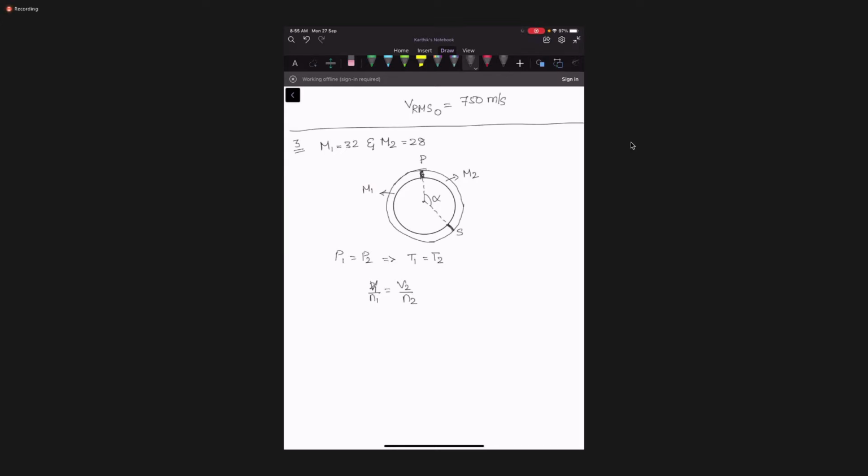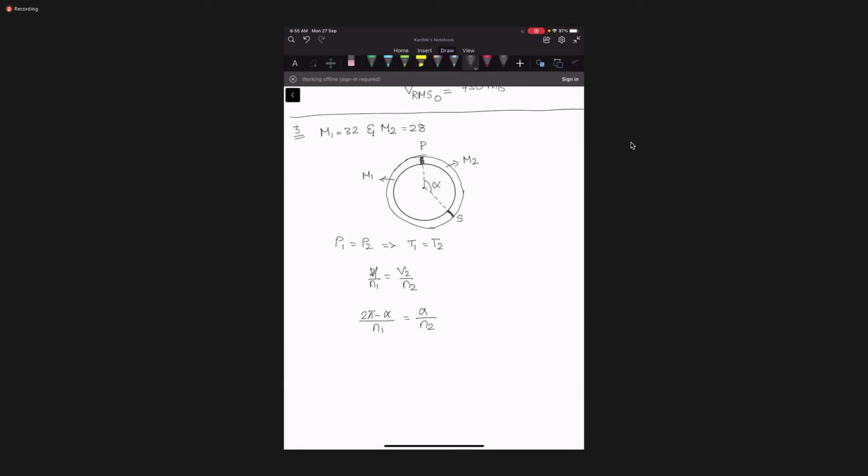So for V1 the length is 2 pi minus alpha, and for V2 it is alpha. Areas are the same, so they get cancelled out. So 2 pi minus alpha divided by n1 is equal to alpha divided by n2. He's asking alpha, so 2 pi minus alpha divided by alpha is n1 divided by n2, correct?